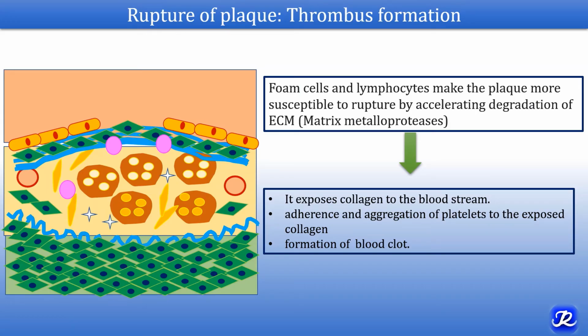Foam cells and lymphocytes make the plaque more susceptible to rupture by accelerating degradation of extracellular matrix by matrix metalloproteases. And this rupture exposes collagen to the bloodstream and it leads to adherence and aggregation of platelets to the exposed collagen. And due to that, there is fibrin mesh formation and it leads to formation of blood clot.